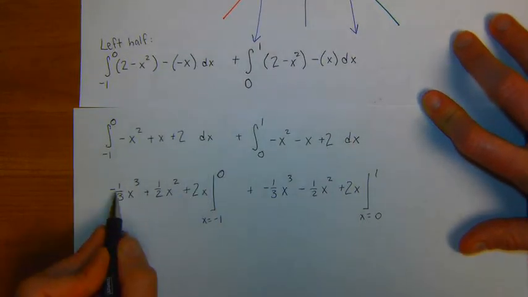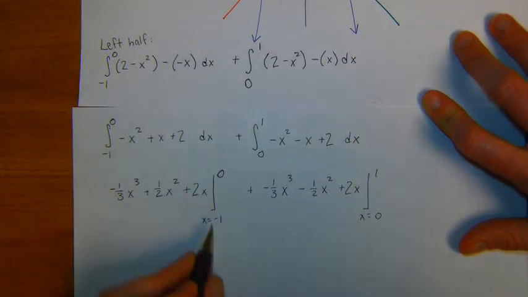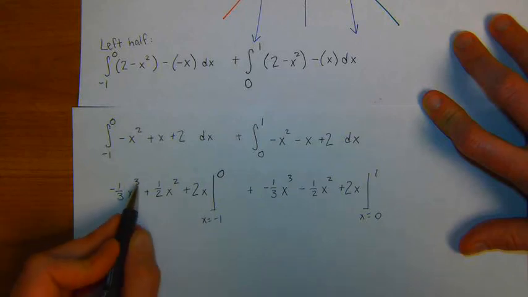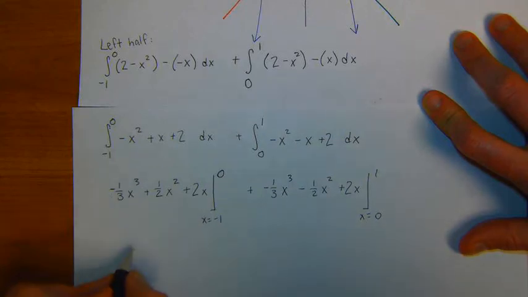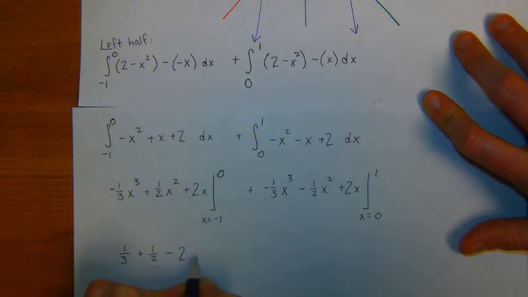Plugging in the values, I see that plugging in 0 makes everything 0. Plugging in -1, I get -1 cubed, which is -1. This becomes +1/3 plus +1/2 minus 2. This is the area of the left half of the curve.